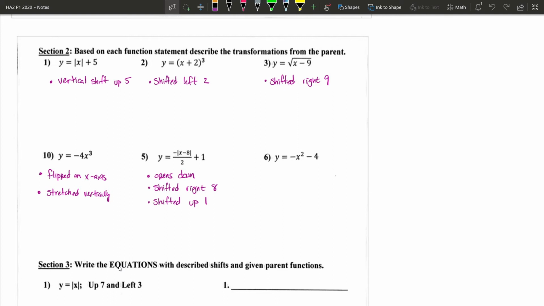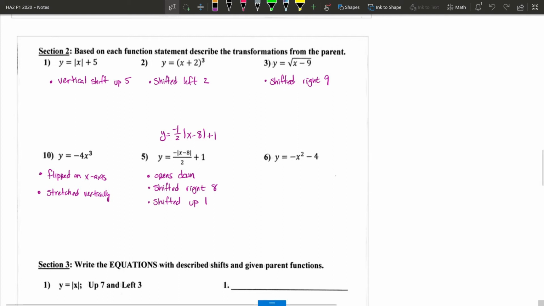I could write this a different way, like that, and make it a little more obvious. My a is the negative half. So do we think that the negative half is going to be a stretch or a compression? I think it's going to be a compression.